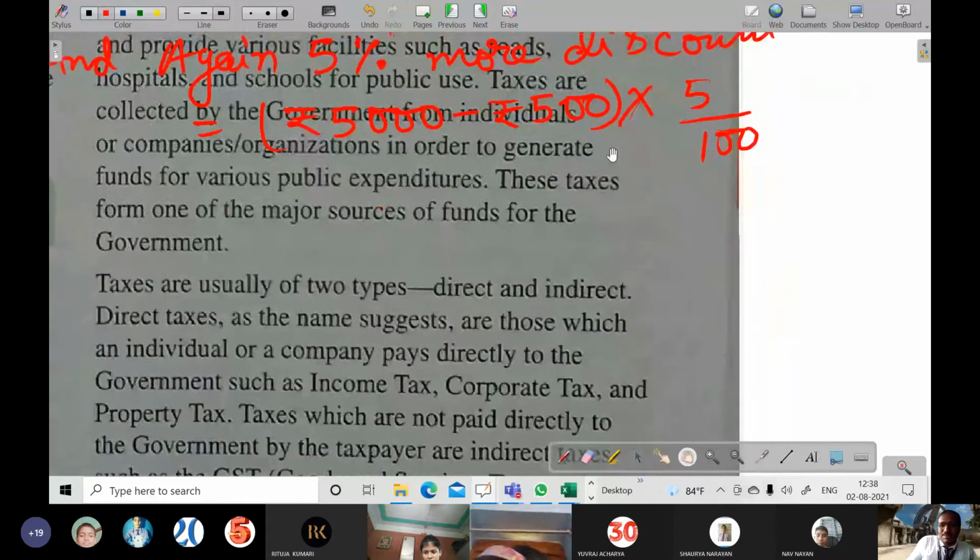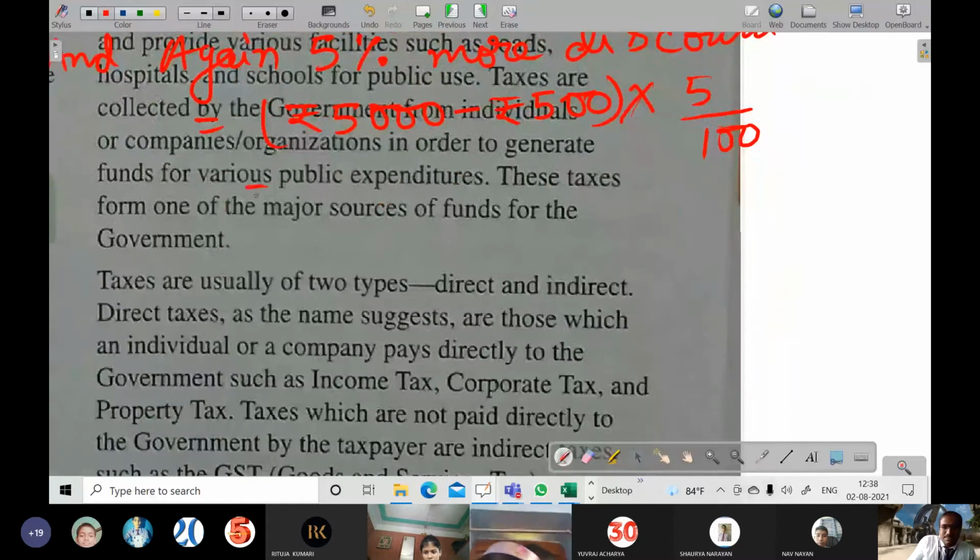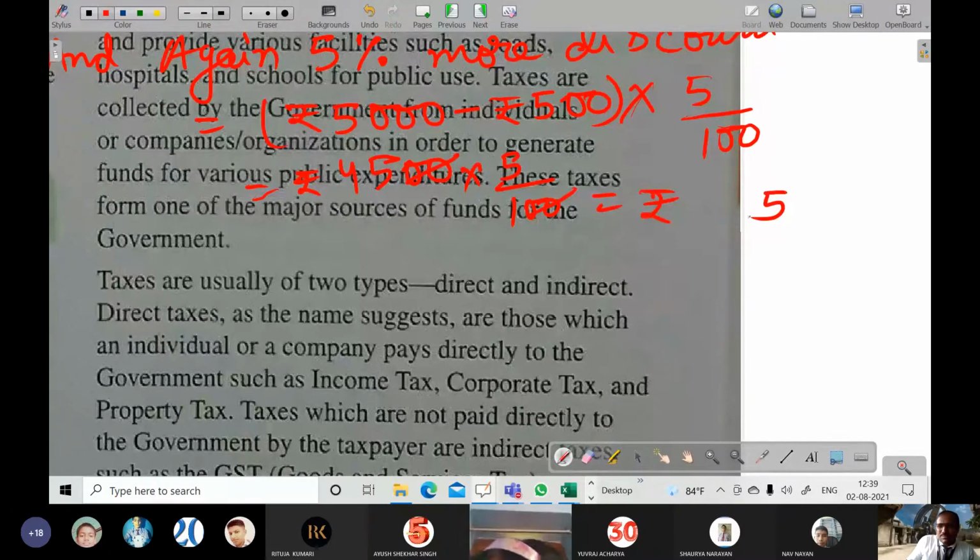So it will become 4500 into 5 by 100. 4500 rupees into 5 by 100. The zeros got cancelled. So it becomes rupees, 5 5s are 25 and 4 5s are 20. So 225. Yes.